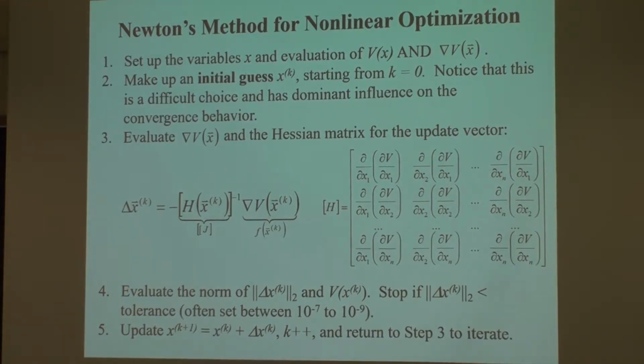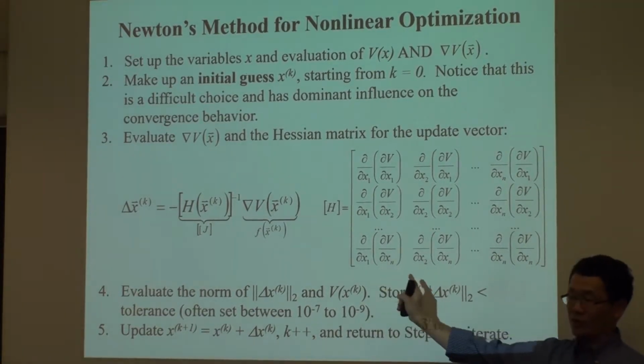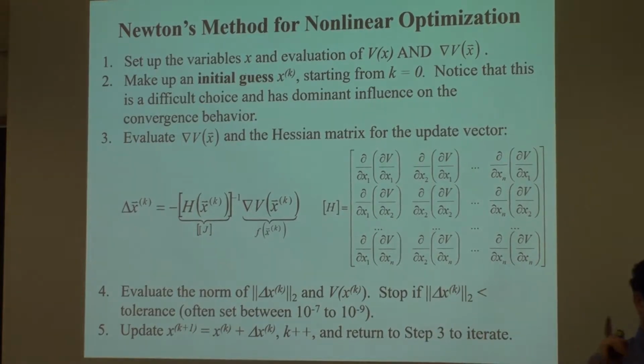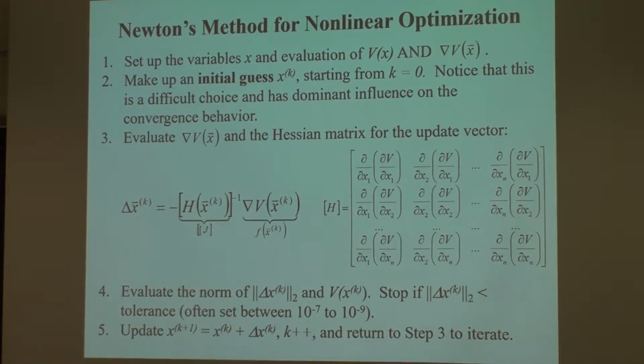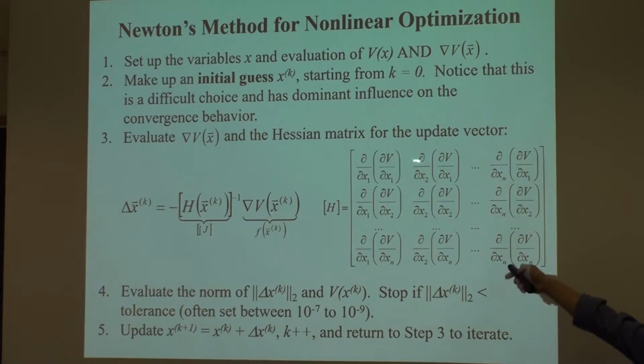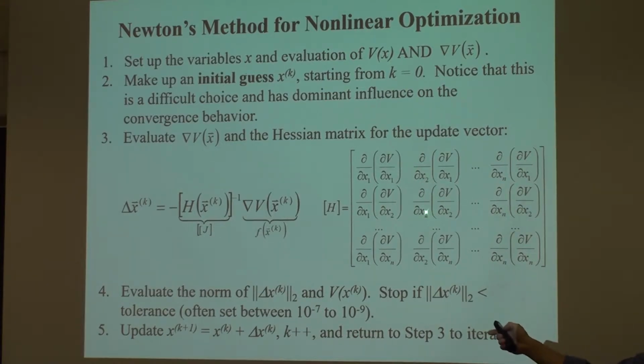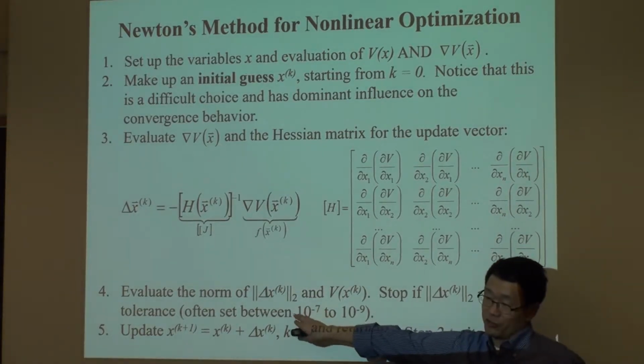So with that, if you do this exactly, meaning that all the evaluations are done symbolically, it's a rigorous Newton implementation, then the quadratic convergence will still be preserved.